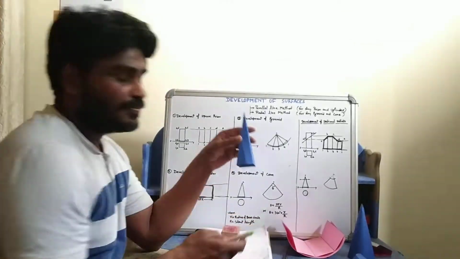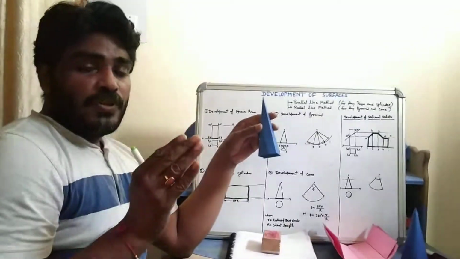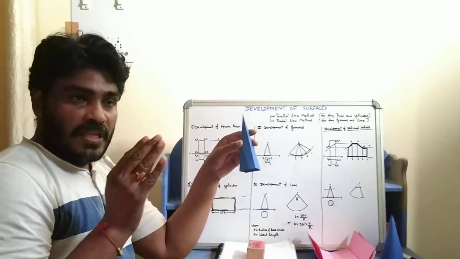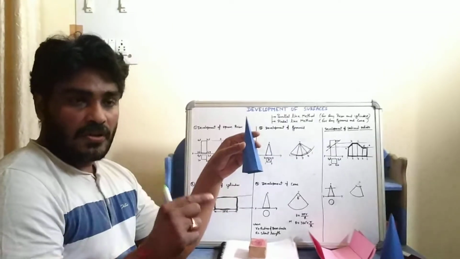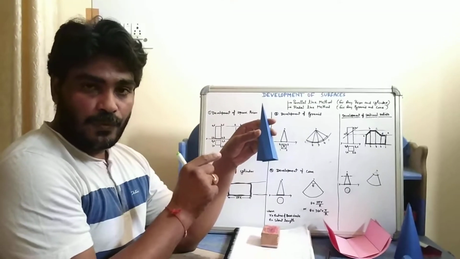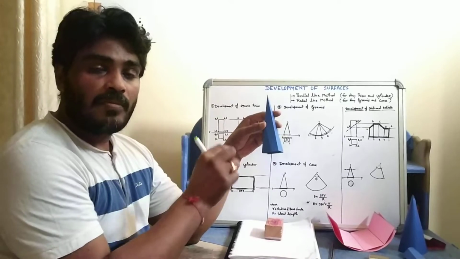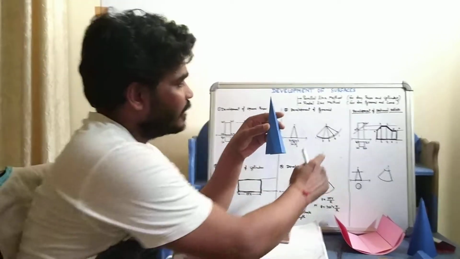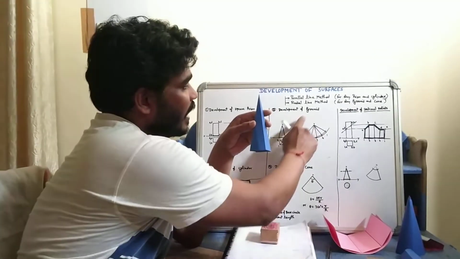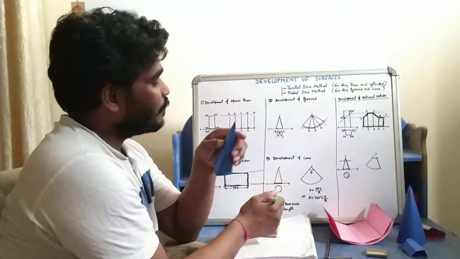What we said initially is, if you have to develop the surface of any solid, first of all draw the front view and top view of that particular solid. Here the solid is a square pyramid.